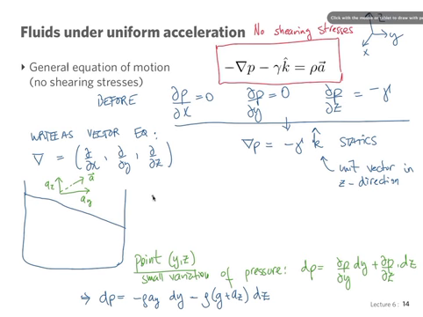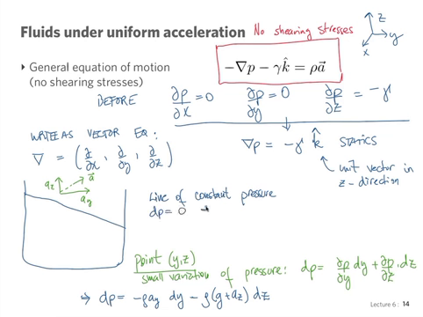So now we look at a line of constant pressure, that is dP equal to 0. That means that we have minus rho a_y dy equal to rho (g plus a_z) dz, which gives me a slope, dz/dy.